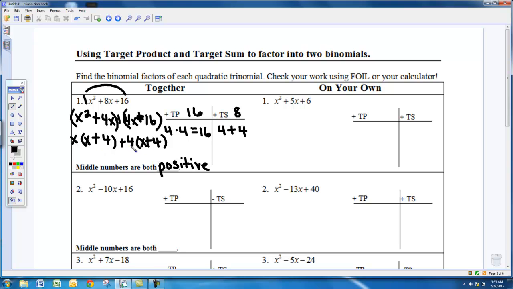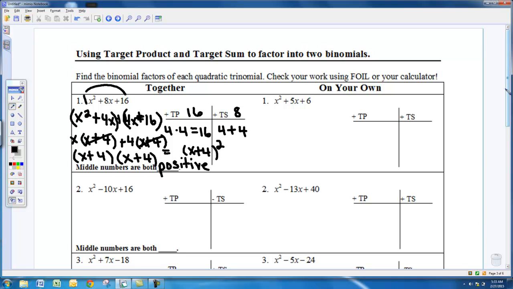Notice we get a common binomial factor, so I'm going to take that and bring it out front. And now I'm going to write what's left in the second set of parentheses. So what's left is x plus 4. So x plus 4 times x plus 4 are my factors, and that can be written as x plus 4 squared.